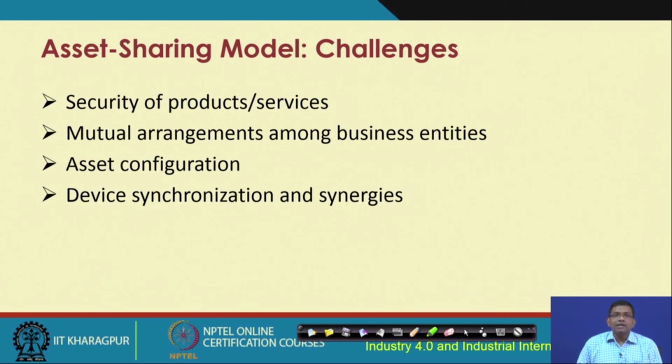The security aspects are very important. The other challenges are, for example, that the mutual arrangements among the different business entities will have to be taken into consideration. Asset configuration is very important, and the device synchronization and the synergies between these different devices are very important in the asset sharing model.